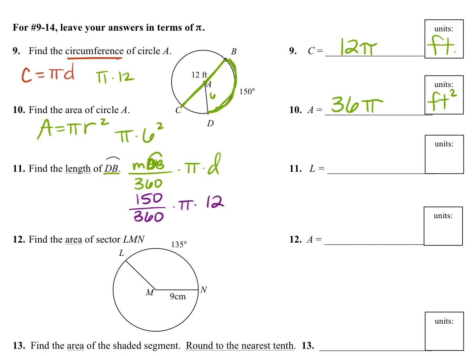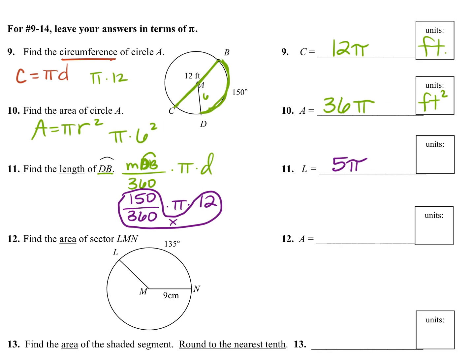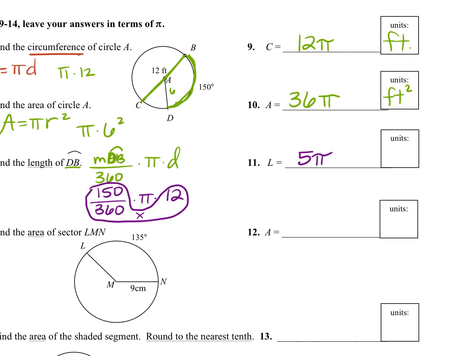The whole thing across, same as it was for the circumference. You plug in this. So don't plug in your pi. We're going to leave it in terms of pi. You plug in 150 divided by 360 times 12, and you get 5. So your length is 5, and then attach your pi. And we are dealing with feet still. Feet is a length, so it's just 5 pi feet.